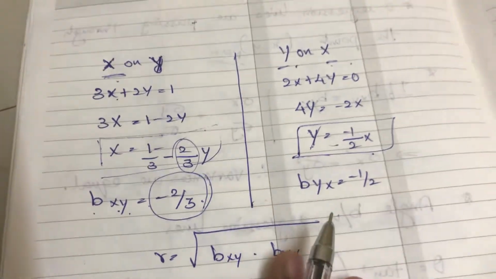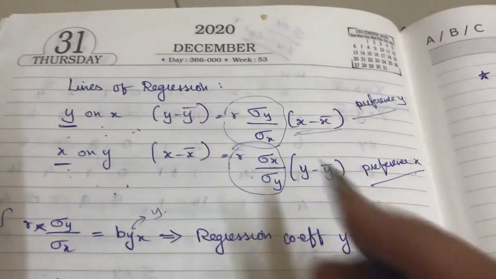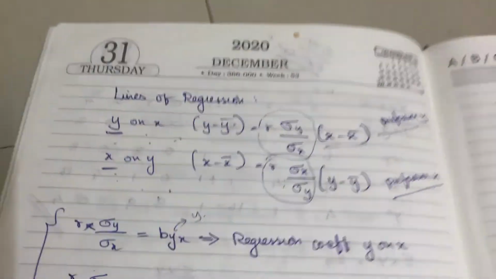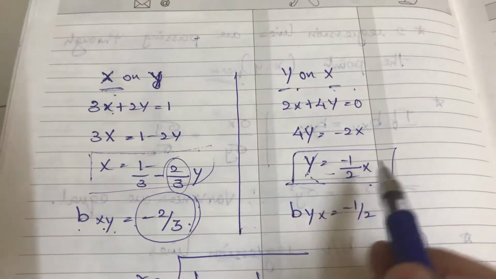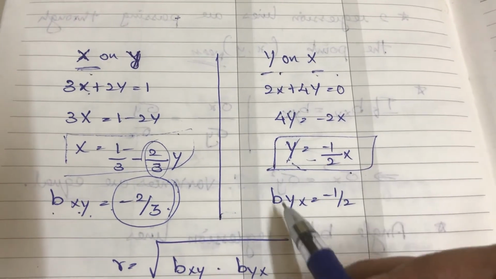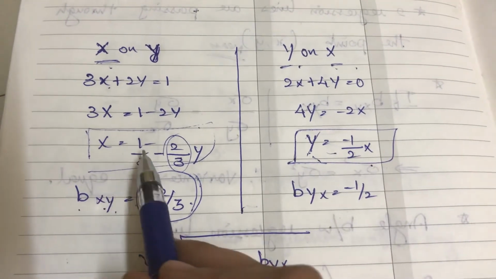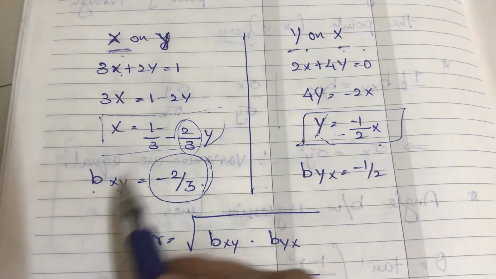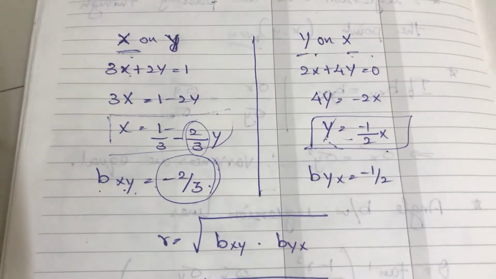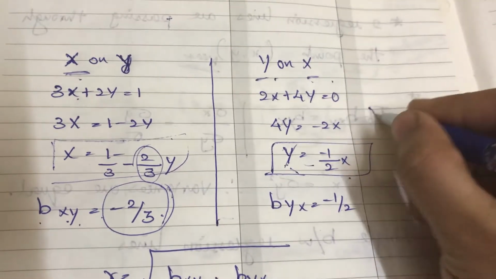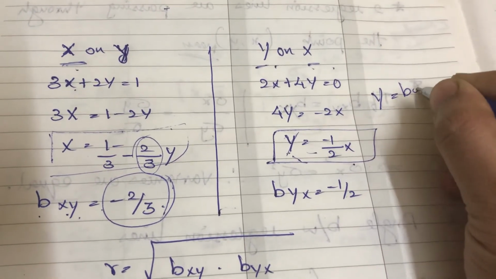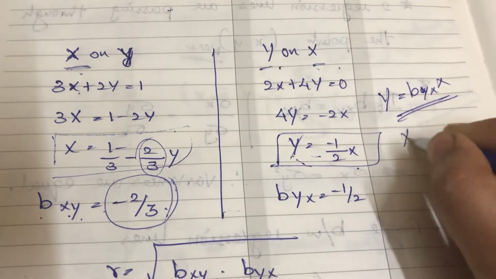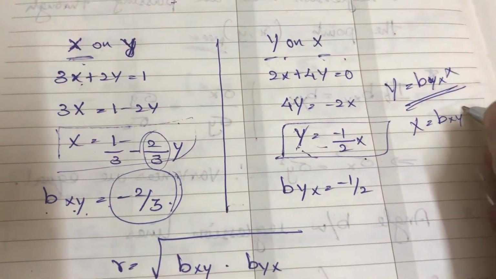Like we have seen here, y will be equal to the coefficient into x. This is byx into x, so just take the coefficients of y and x, because y is equal to byx into x, and x is equal to bxy into y.